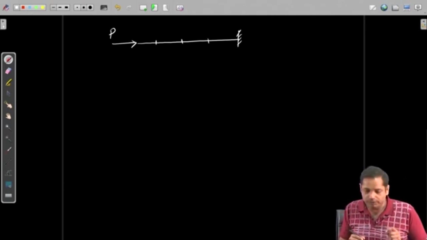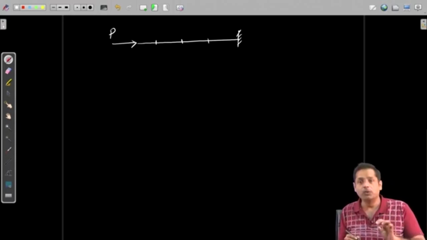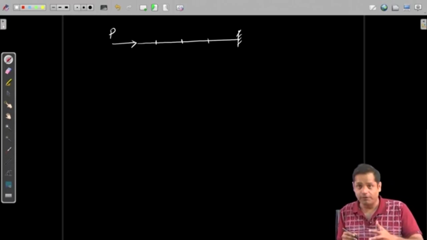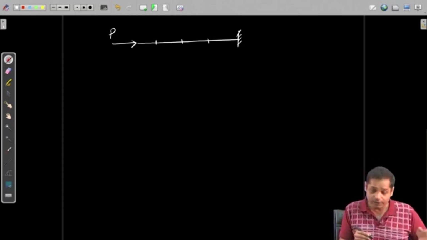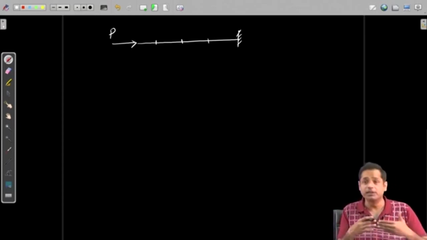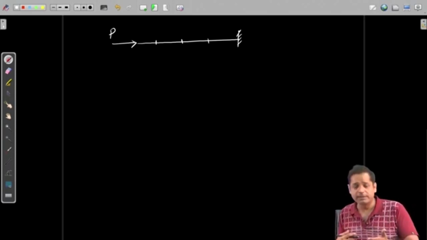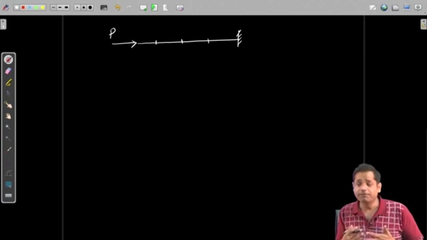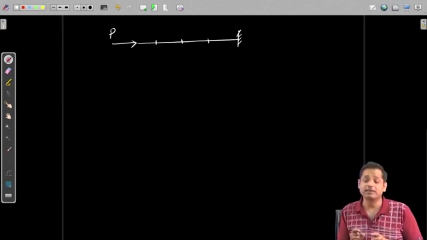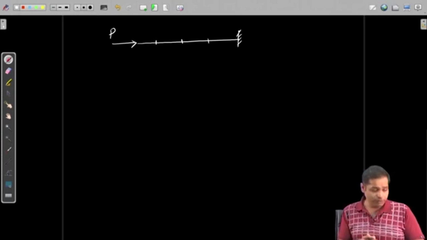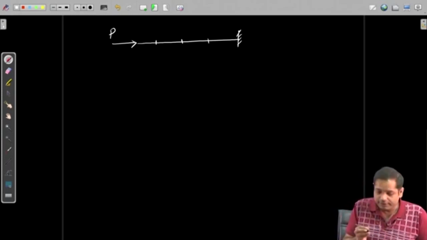Now what we will be doing is to write the element level information without starting from the equation, just from the concept of equilibrium, compatibility and the constitutive relation, Hooke's law in this case. Can we write the element level information directly? That's why this approach is called the direct approach.